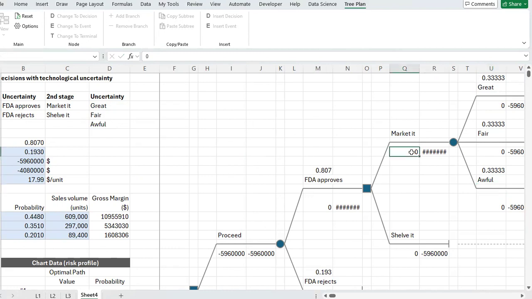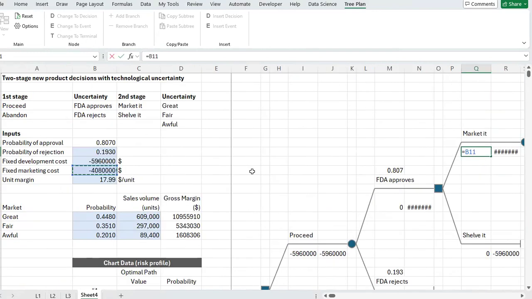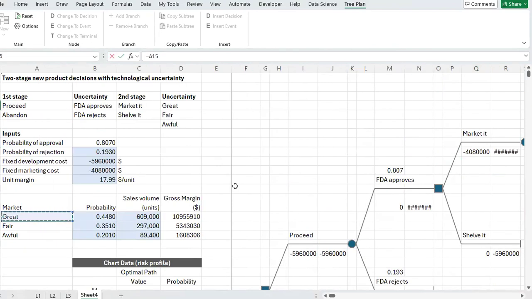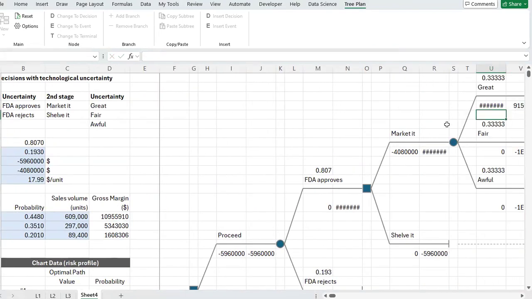If we market the product, we have budgeted a bunch of money to bring the product to market and to market the product to consumers. If the economy is great, we expect our gross margin to be that value for a great economy, right? Let me widen this up.